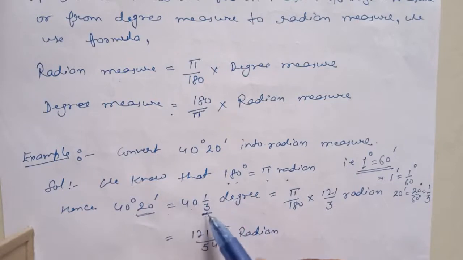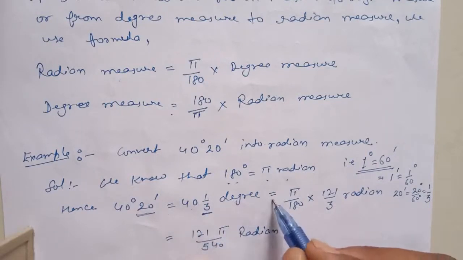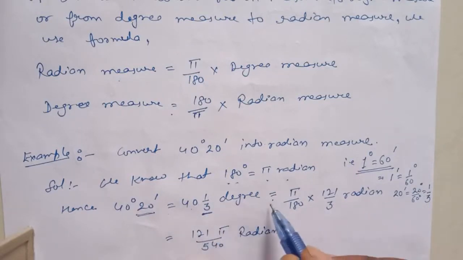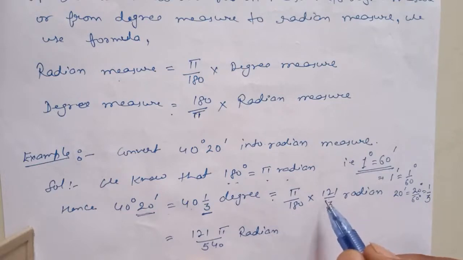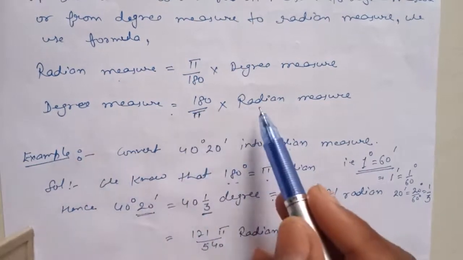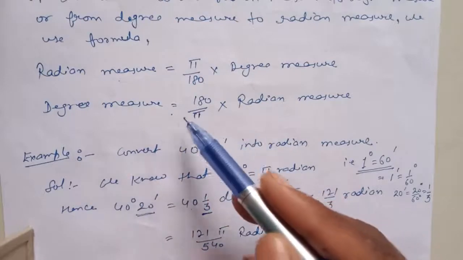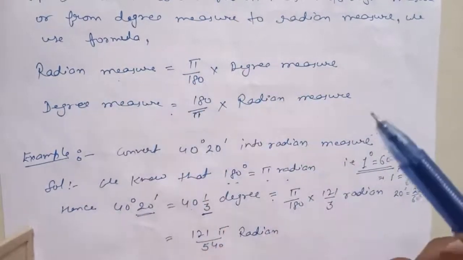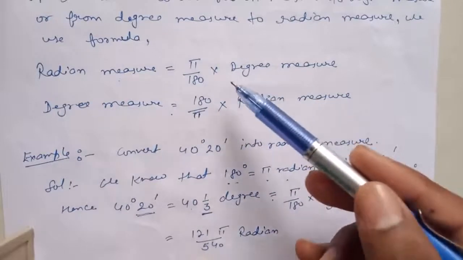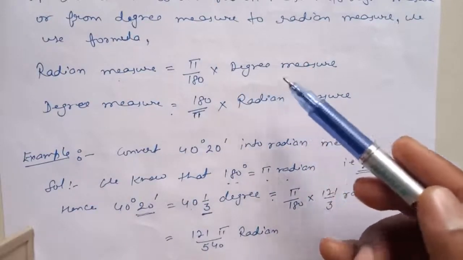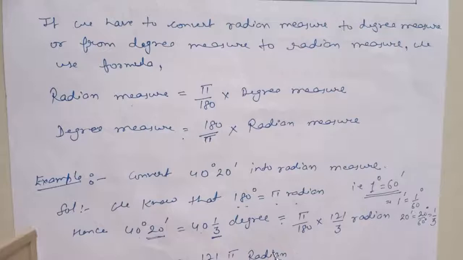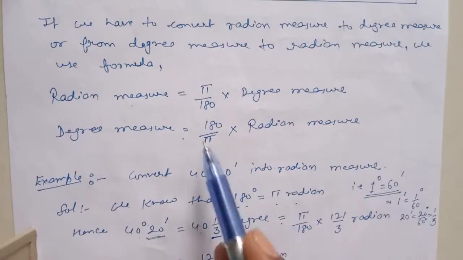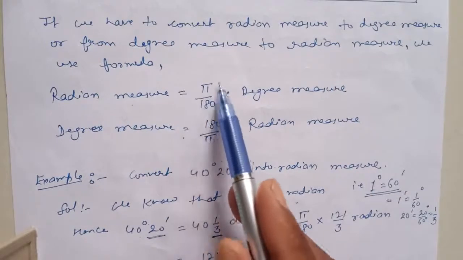Means 121 by 3 degree is equal to, now we have to convert it into radian, therefore we use the formula: radian measure is equal to pi upon 180 into degree measure. We convert degree measure into radian measure just by multiplying it with pi by 180.